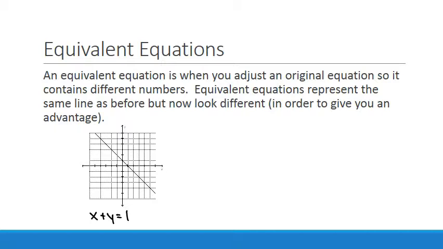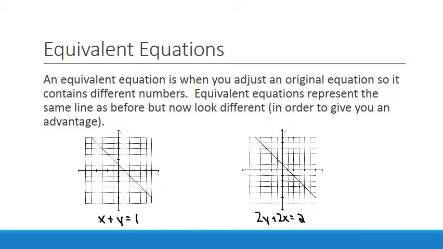Another thing I want to talk about before we get into the substitution method is this idea of equivalent equations. An equivalent equation is when you adjust an original equation so it contains different numbers. Equivalent equations represent the same line as before, but now it looks different, and it looks different in order to give you an advantage.